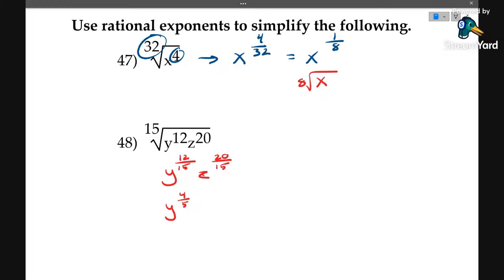And then 20 and 15 have a common factor of 5, so we can reduce it as 4 thirds. Okay, so we've got y to the 4 fifths and z to the 4 thirds.